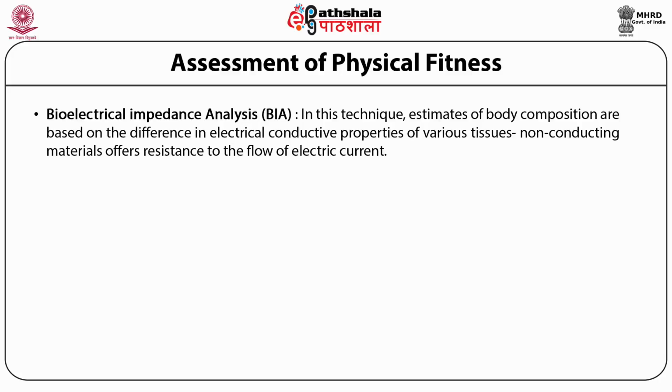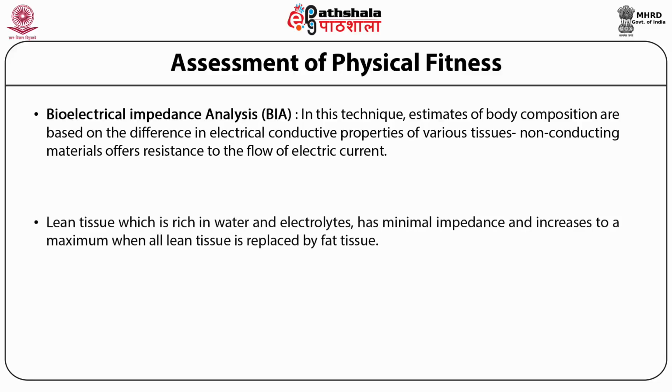Water, due to the dissolved electrolytes, is a good conductor, whereas body fat has a relatively poor conductance property. Hence, lean tissue, which is rich in water and electrolytes, has minimal impedance, and impedance increases to a maximum when all lean tissue is replaced by fat tissue.